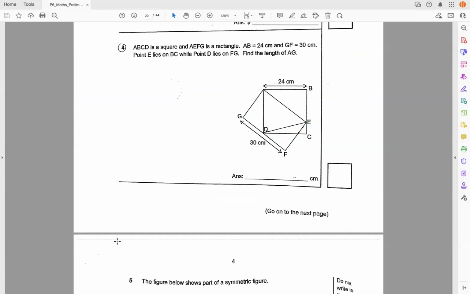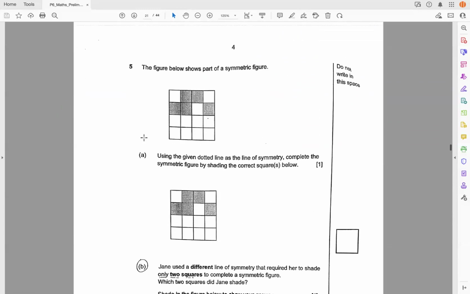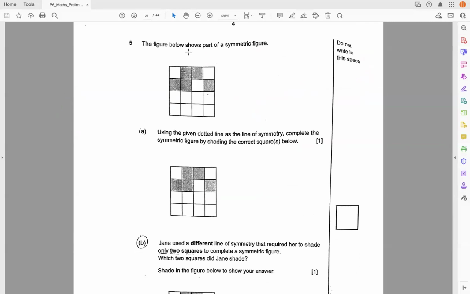Okay, let's continue with the next question. Okay, this one is pretty easy. I hope everybody got this right. This is basically drawing shapes with symmetry. So use your ruler to help you. I will normally put a ruler here. So using the given dotted line as the line of symmetry, I don't know why mine got no dotted line. But I guess the dotted line is here.